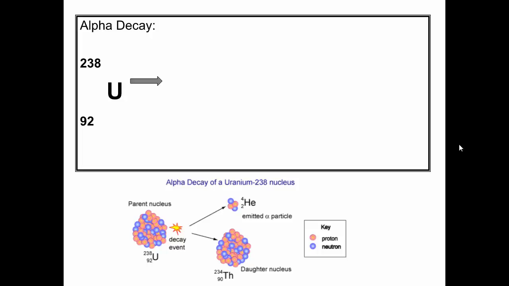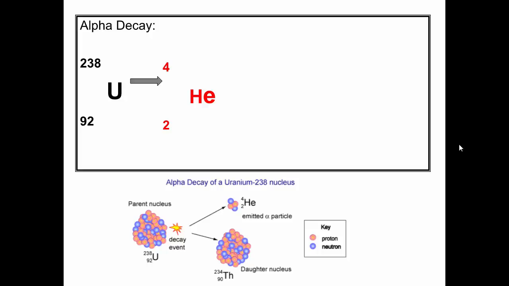You draw an arrow, and you show what is released. In this case, we are talking about alpha decay. So an alpha particle is released, a helium nucleus.